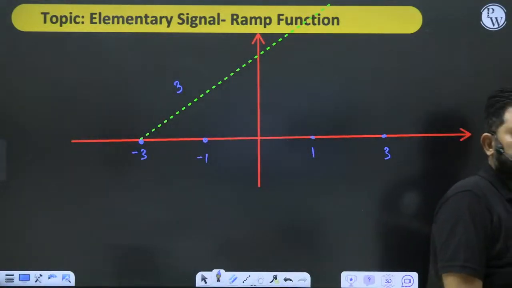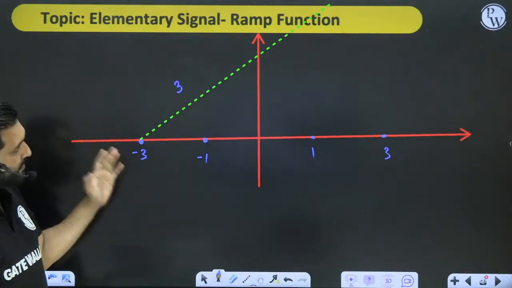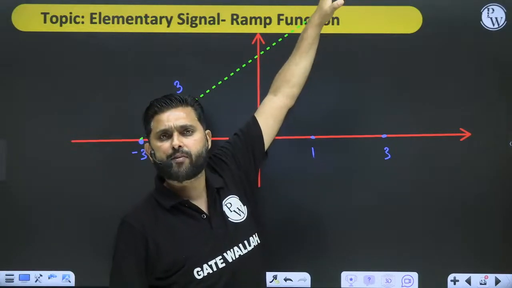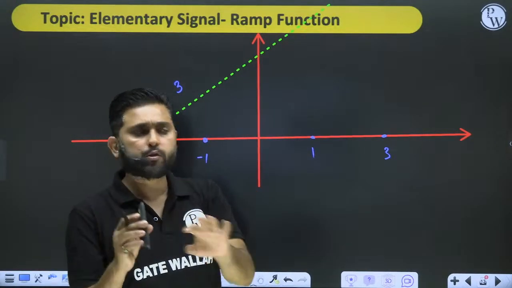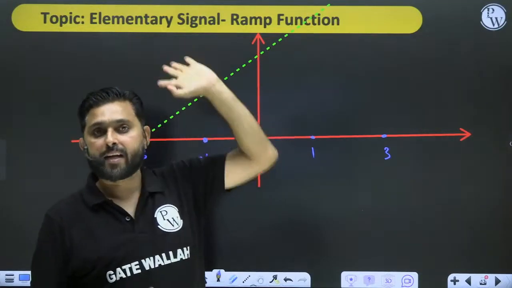Thank you. So what I'm saying is that, see here, this is a ramp which started from -3 and it will go on till infinity. If no one stops this ramp, then this ramp will continue its journey till infinity.